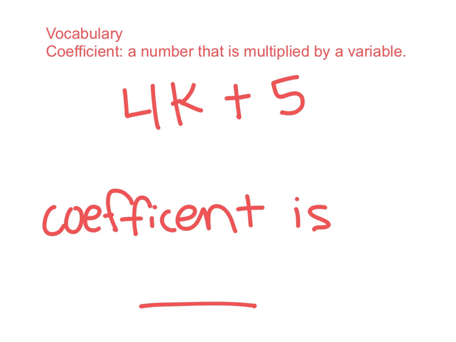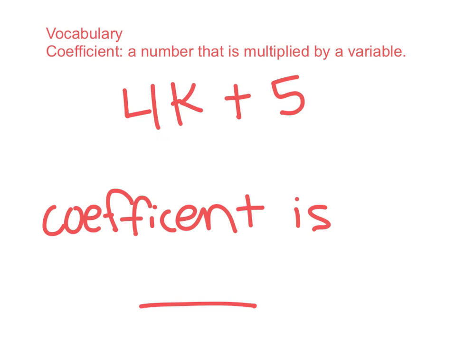Looking at the same expression, I'm going to teach you the word coefficient. Again, that word is coefficient. It's a number that is multiplied by a variable. In lesson 7.3, I taught you that a variable is those letters or symbols that you find in your expressions, like here we have a k. So think about it. What number is being multiplied by k?